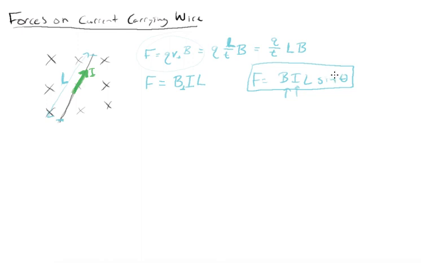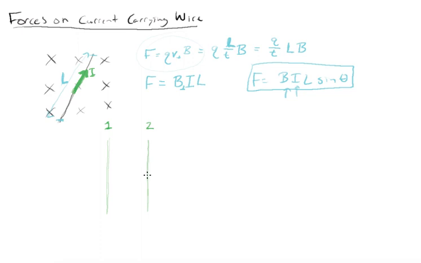Okay, so now let's take a look at a situation. A very commonly described and discussed situation is, what if we have two current carrying wires that are next to each other? So let's say here's wire 1 and here's wire 2. If we look at this, the current from wire 1 is going to create a magnetic field where wire 2 is, which will create a force on wire 2.